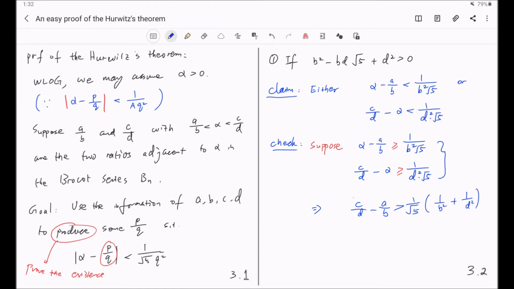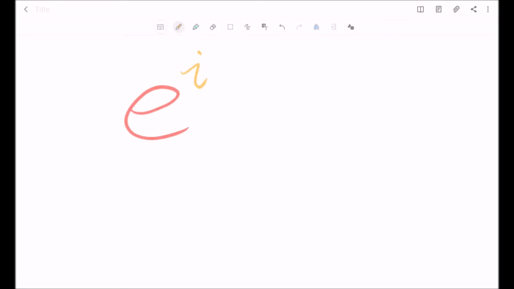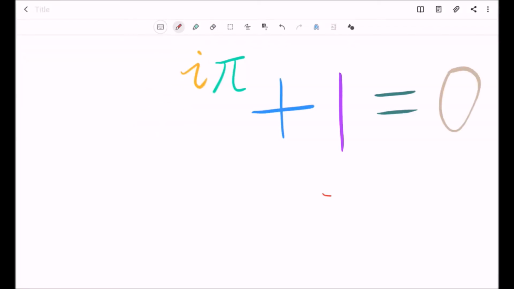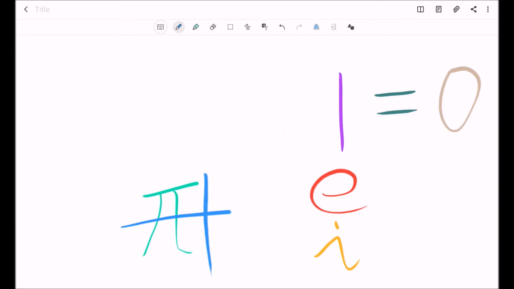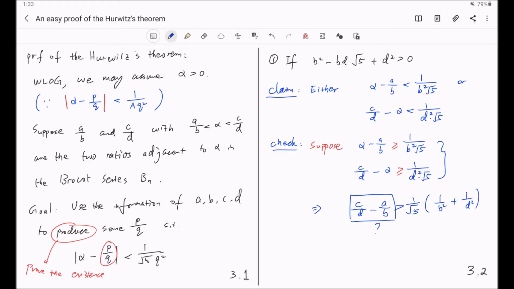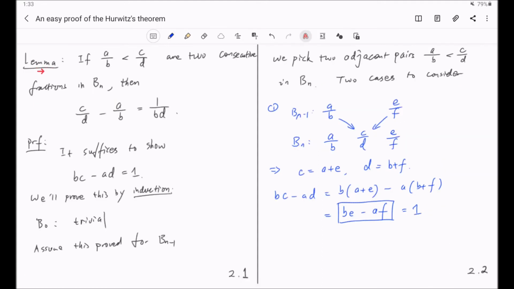Okay, now, does this remind you of anything? Think for a while. We have seen this before. This is actually a lemma we just proved above. Specifically, it is this lemma. Exactly the same.